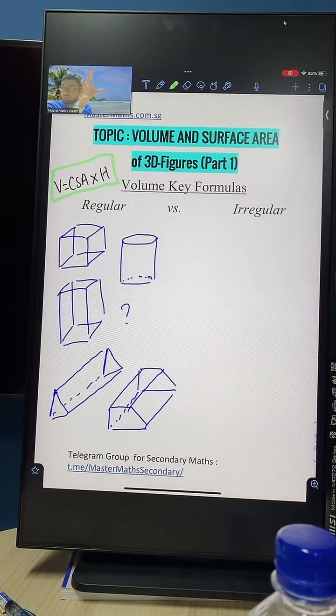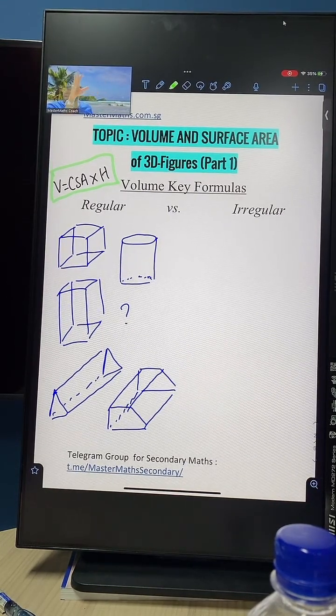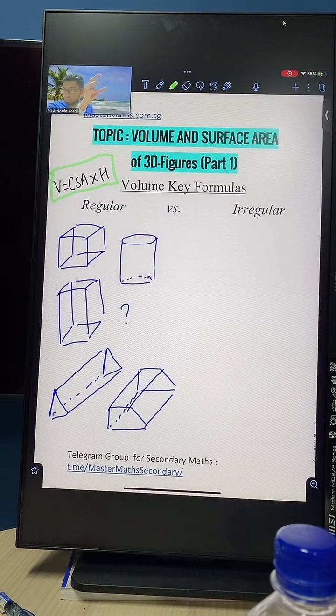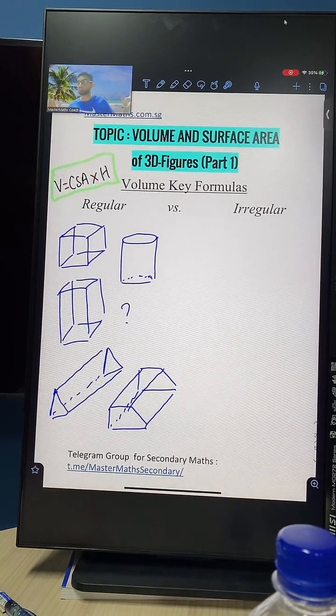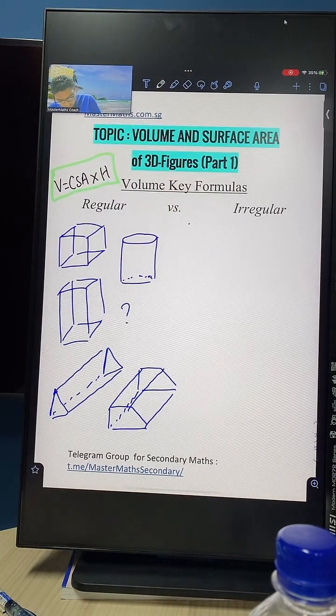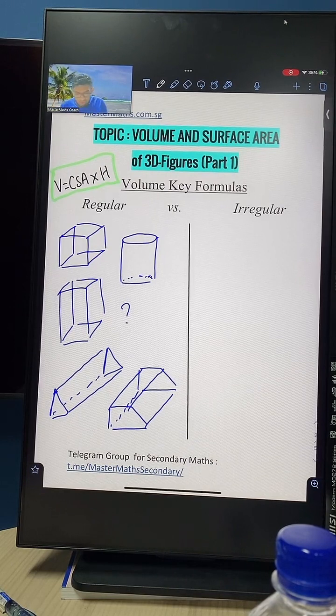All you needed to know was that the house is actually a regular shape, because the sizing of the house didn't change. It was the same throughout. So the volume was so simple. It was just cross-sectional area times the height, that's all. And we win already. Okay, so these are all the types of shapes for regular objects. And the volume formula is as such, that's all.